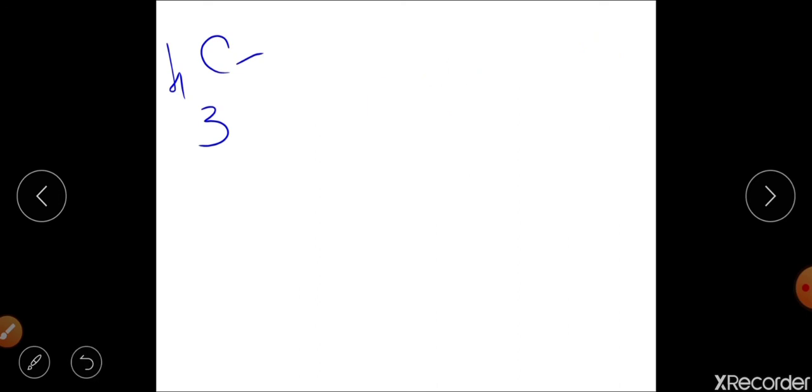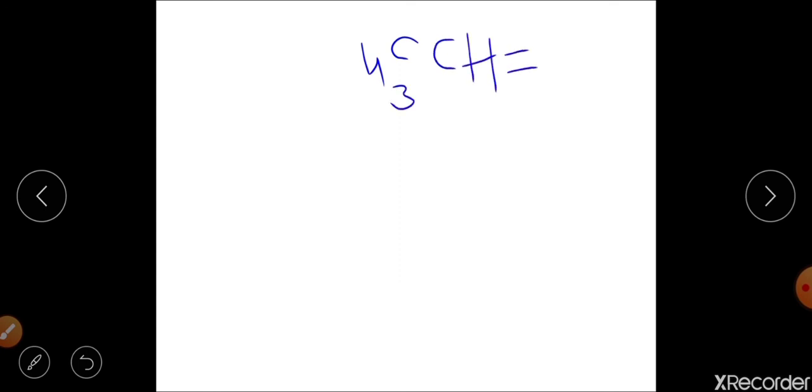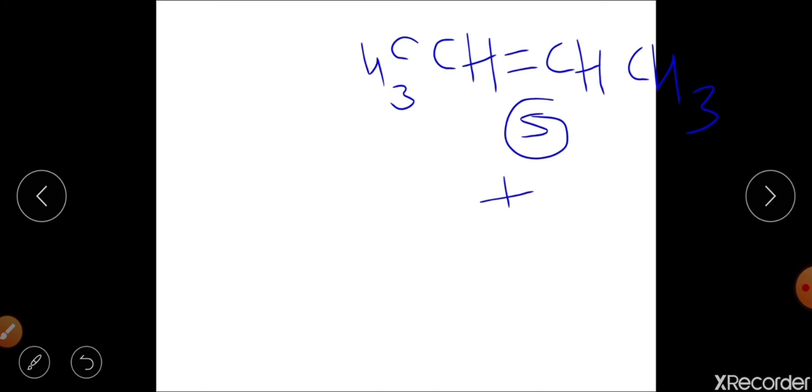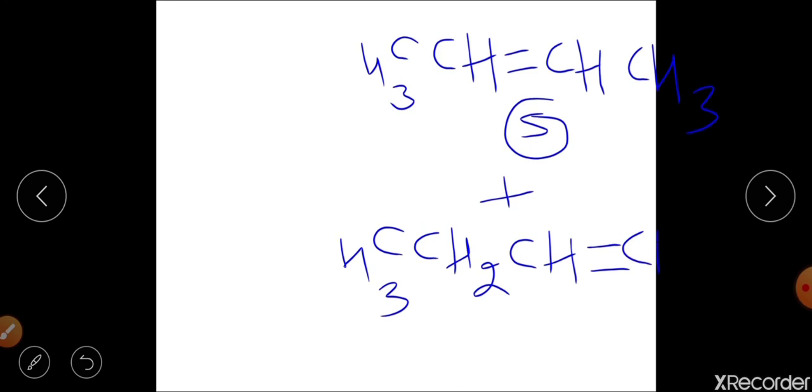These are CH3 CH double bond CH CH3. This is the first product, that is the S product, and the other product, the H product, will be CH3 CH2 CH double bond CH2. This is the H product.